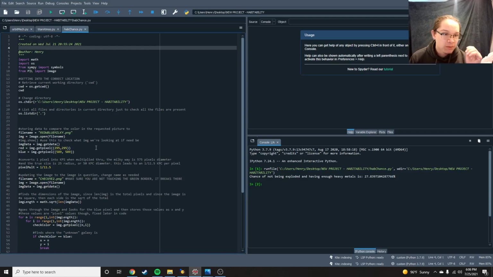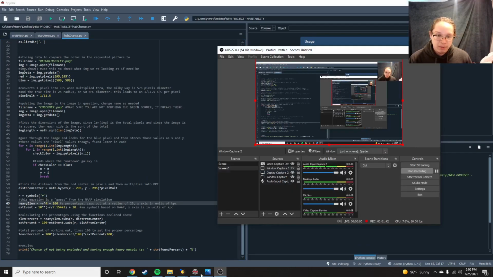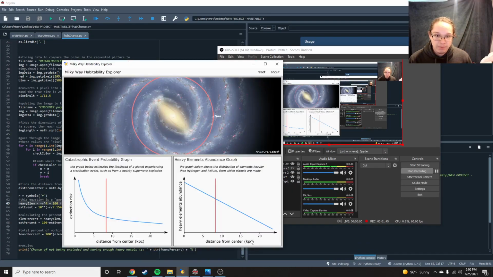The first thing was creating a slope for those graphs that I just displayed. I actually did that later in the code just because it made more sense to get everything in groups, for me at least. The heavy element is just with 100 percentage, since it was a split in KPC where it maxed out and died around 25.